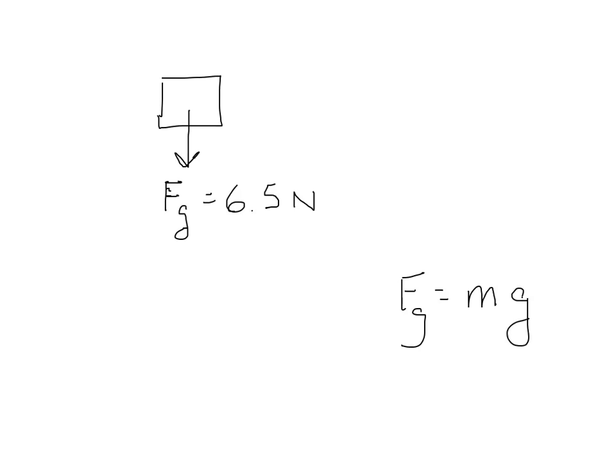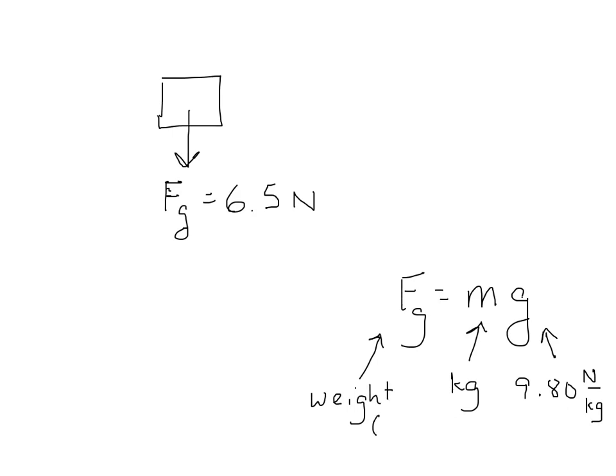So I knew its mass in kilograms, and I knew we were here on the surface of the Earth, where every kilogram gets pulled with 9.8 newtons of force. So I say 9.8 newtons per kilogram, and that tells me the weight in newtons. So we could call it the force of gravity, or we can just call it weight, more familiar.